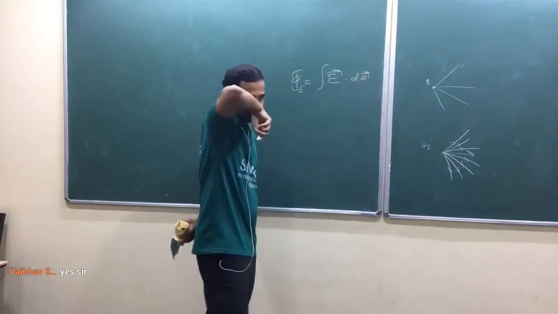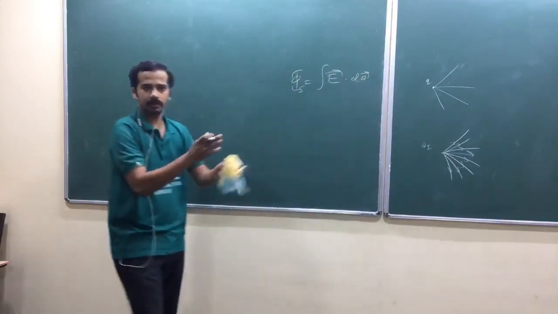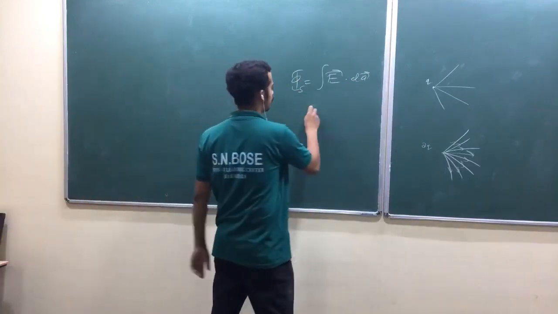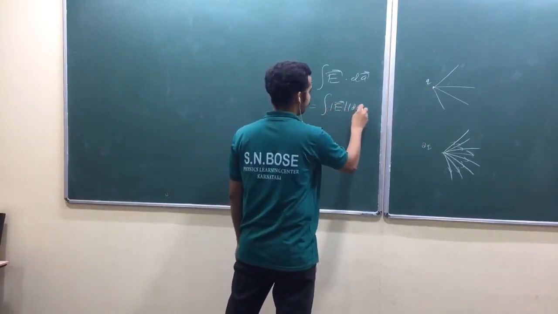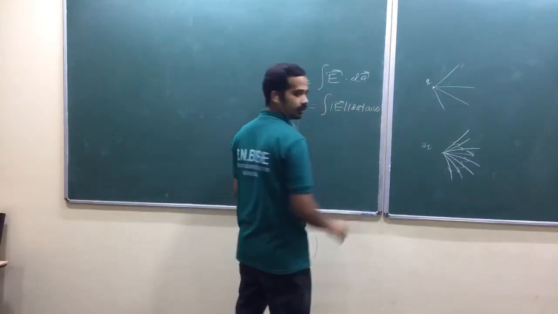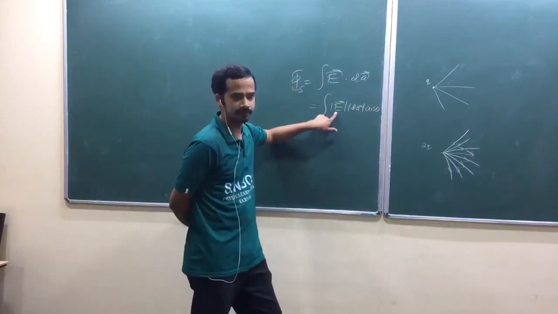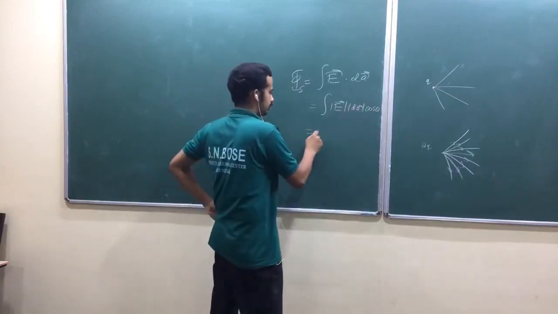Suppose the E vector and dA vector have the same angle between them. Then I can write this as mod E, mod dA cos of the angle. Am I right? Suppose throughout the surface the electric field is the same and the angle between them is the same. You can take both of them outside, isn't it?